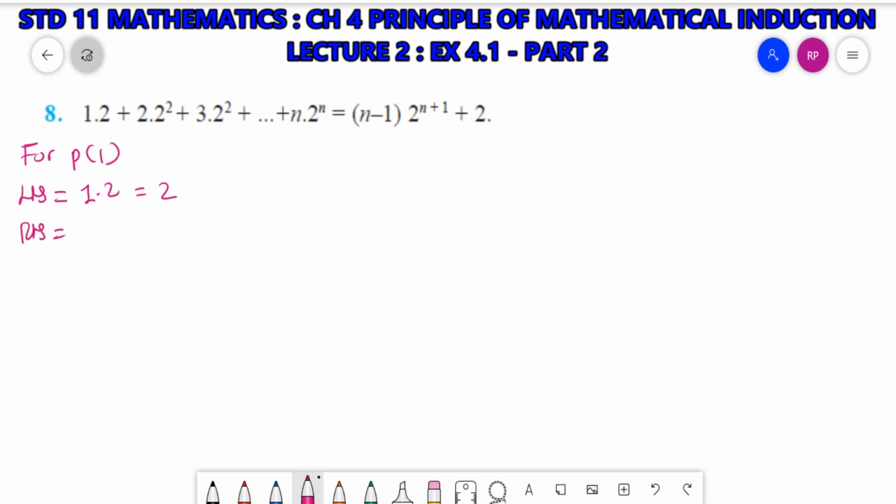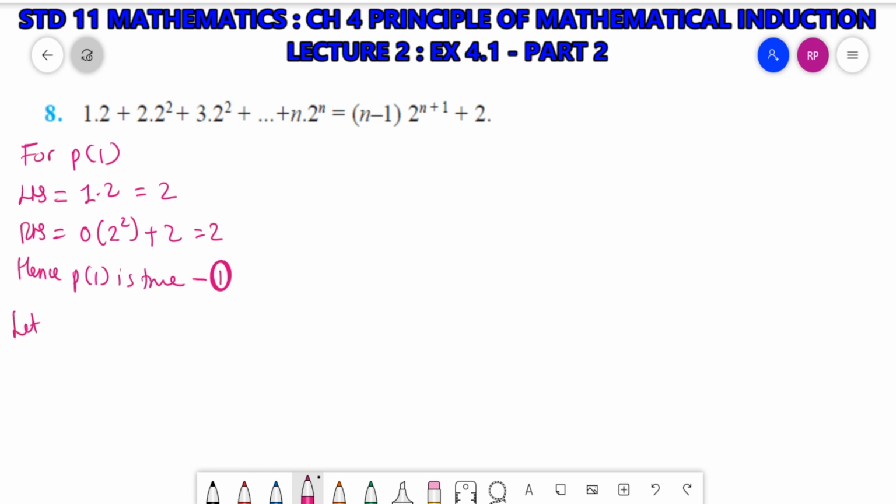RHS: n minus 1 means 1 minus 1, that is 0. 2 raised to 1 plus 1. Whatever you multiply by 0 is 0, plus 2, so it is 2. So LHS is equal to RHS, hence P of 1 is true. Let's name this 1.